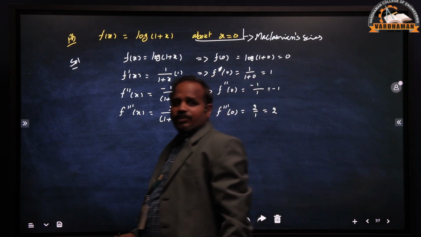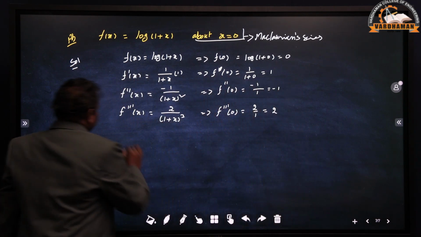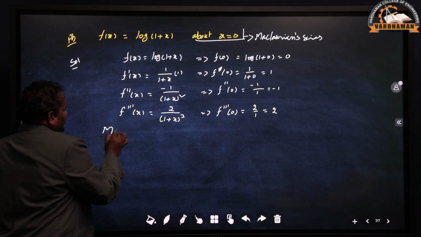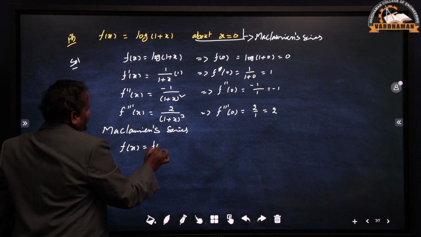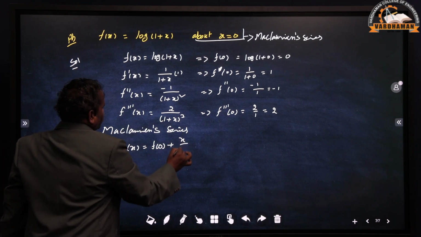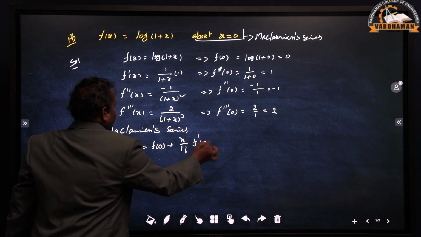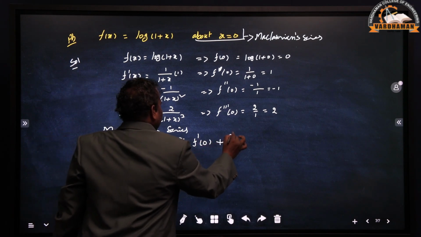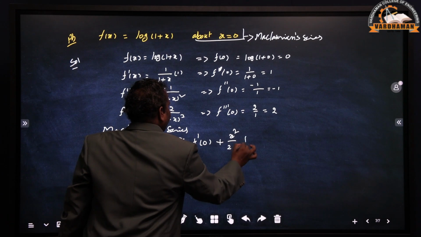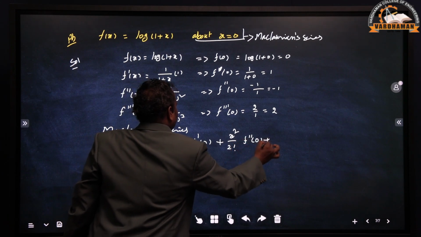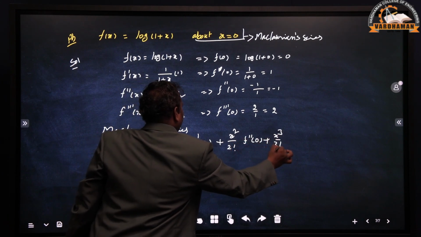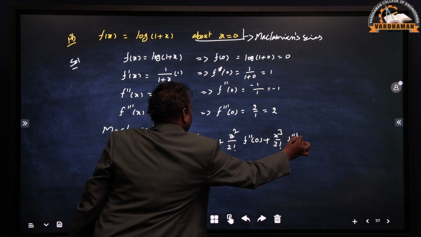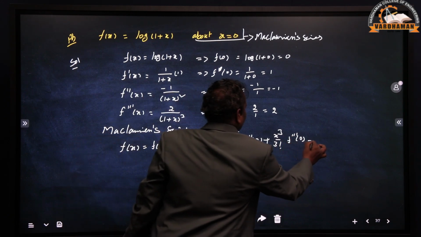Now we are writing the formula of the Maclaurin series. Maclaurin series formula: f of x is equal to f of 0 plus x by 1 factorial into f dash of 0 plus x square by 2 factorial into f double dash of 0 plus x cube by 3 factorial into f triple dash of 0 plus and so on.